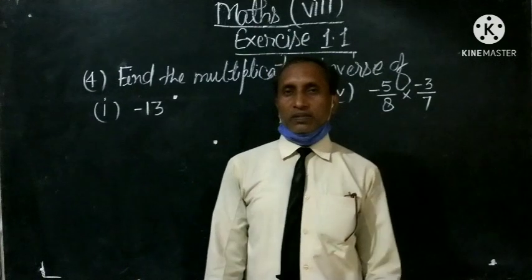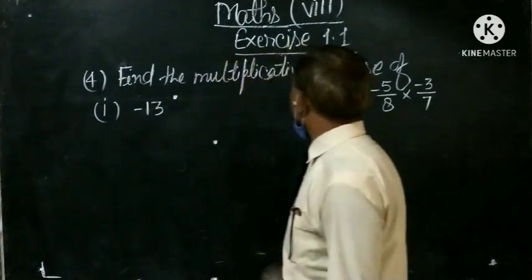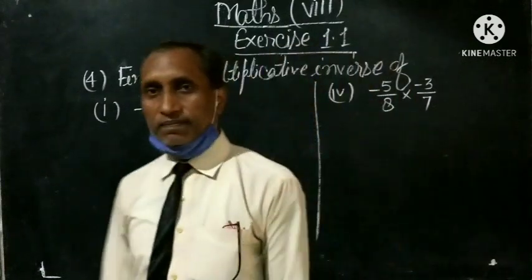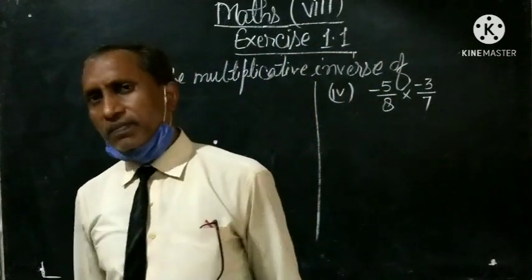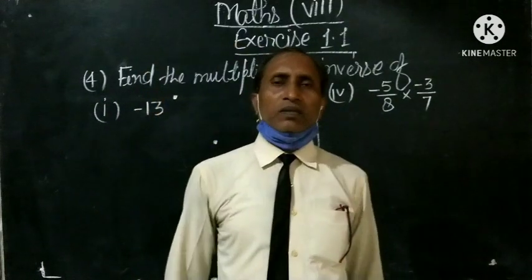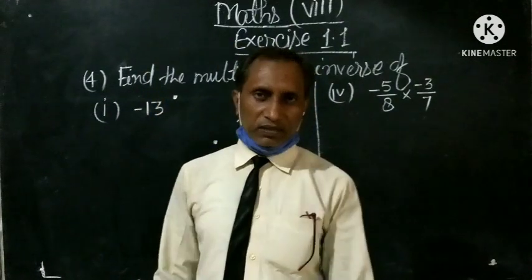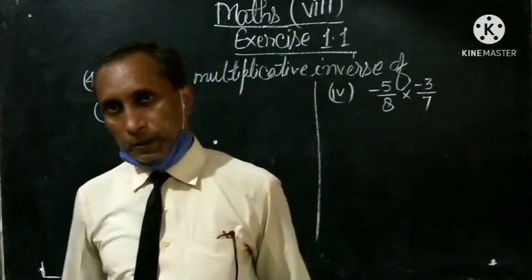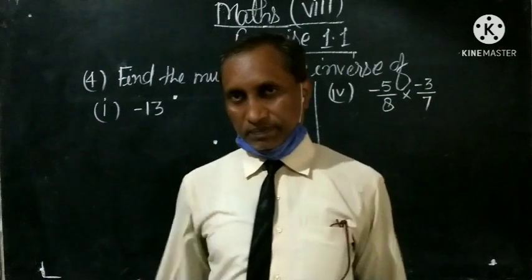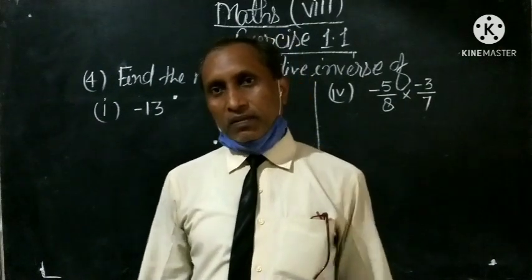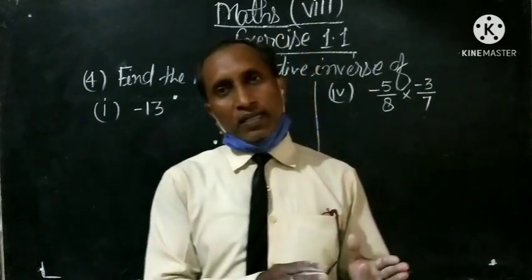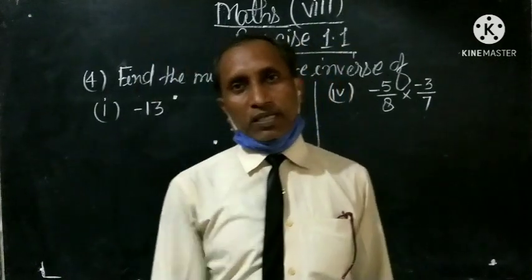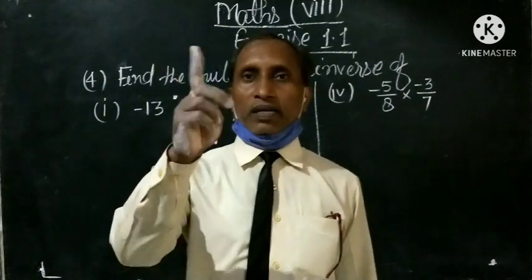Question number 4. Find the multiplicative inverse of the given rational numbers. First of all, you should know what the multiplicative inverse is. Multiplicative inverse is also known as reciprocal. Both are the same. When you multiply the number and its multiplicative inverse, you get the product 1.